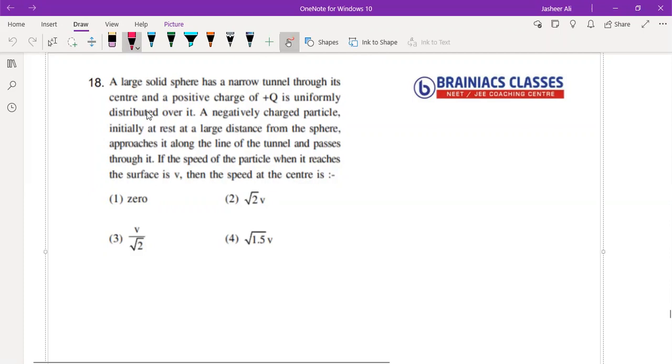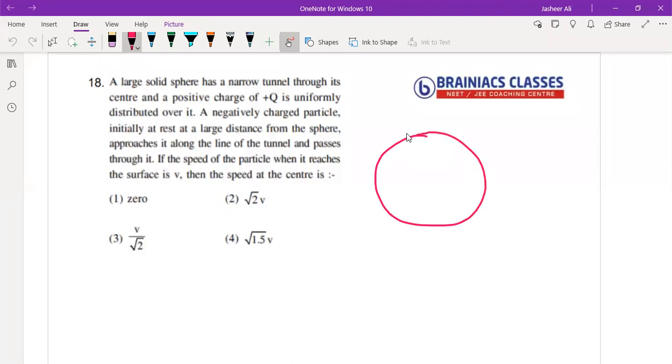A large solid sphere has a narrow tunnel through its center and a positive charge Q is uniformly distributed over it. Which means there is a tunnel like this. This is a solid sphere, and through its center there is a tunnel, meaning a hole. The charge of this sphere is plus Q, which is given in the first statement of the question.